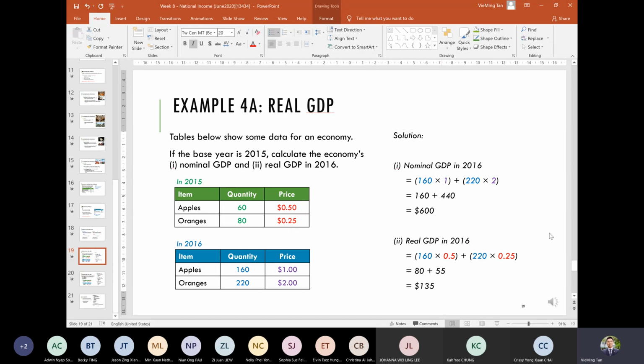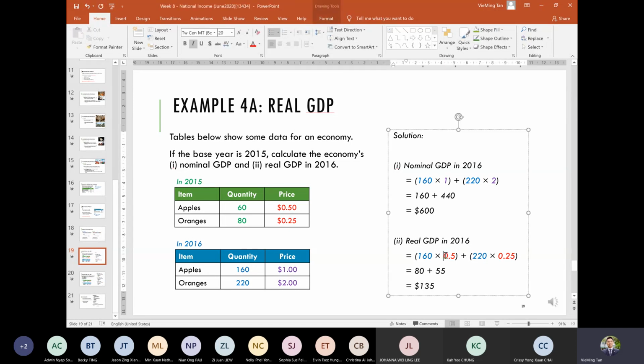How about if we want to calculate the real GDP in 2016? In that case, we have to use the initial price for both products. When we want to calculate the real GDP, we need to use the 2015 price for apples and oranges. The quantity is still using 2016. Quantity for apple is 160 and quantity for orange is 220 for year 2016.